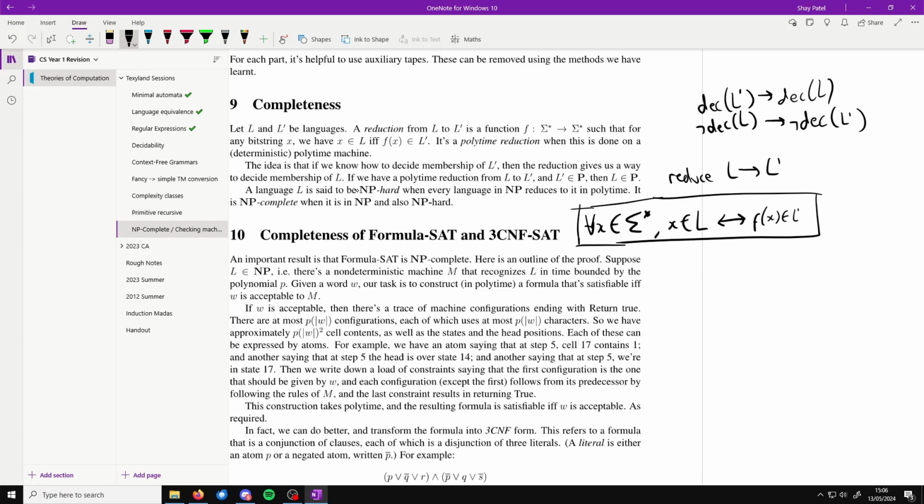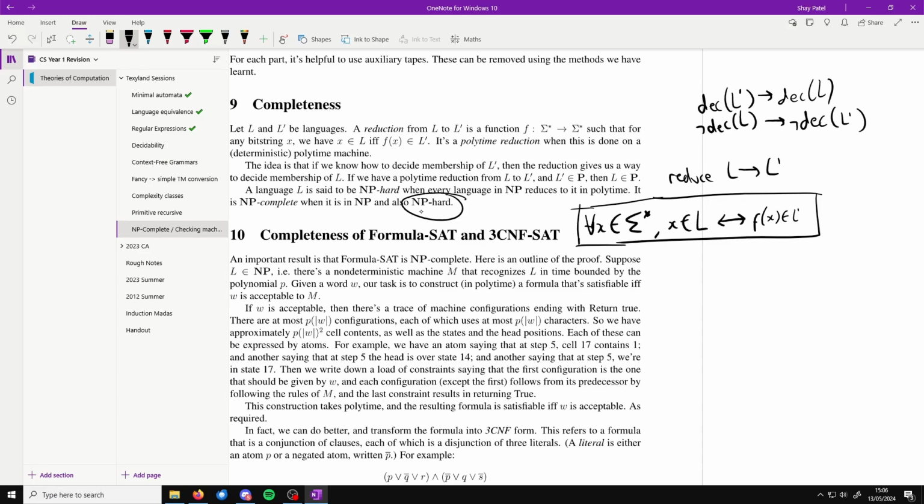But in terms of completeness, a language is said to be NP hard when every language in NP can reduce to it in polytime. So NP hard is as hard as the hardest languages in NP, and so we can reduce every language in NP to it in polytime. And a language is said to be NP complete when it's in NP and it's also NP hard.